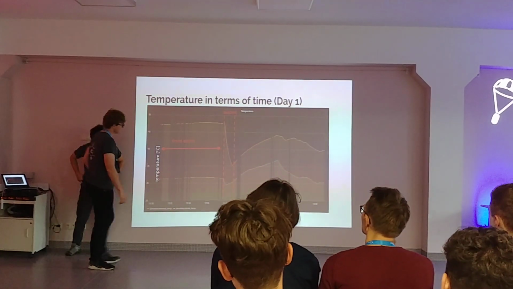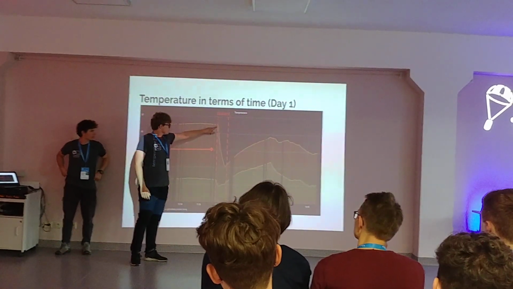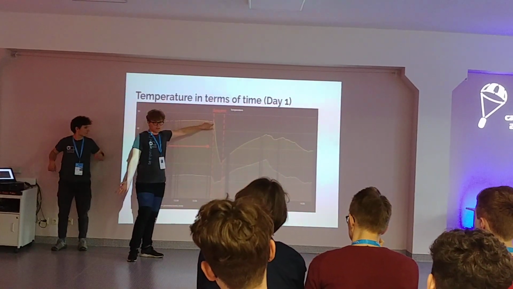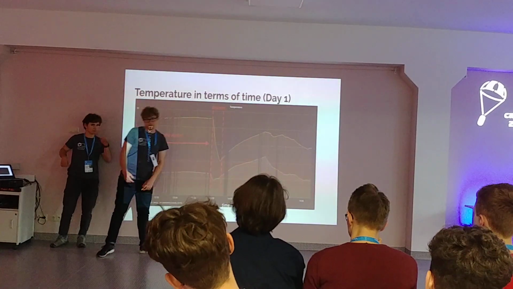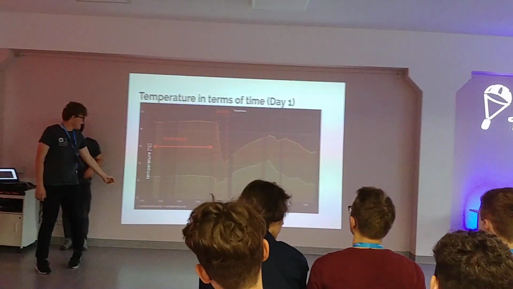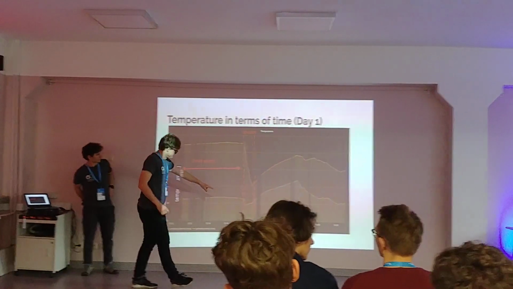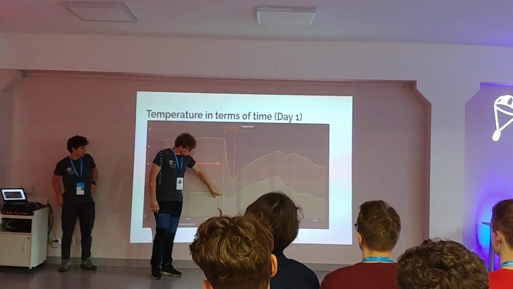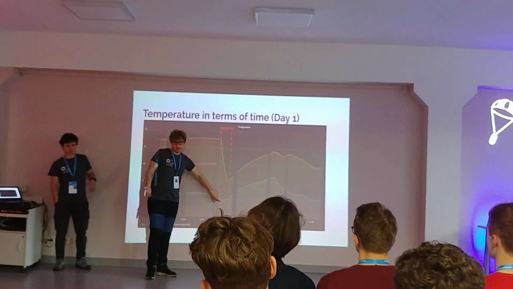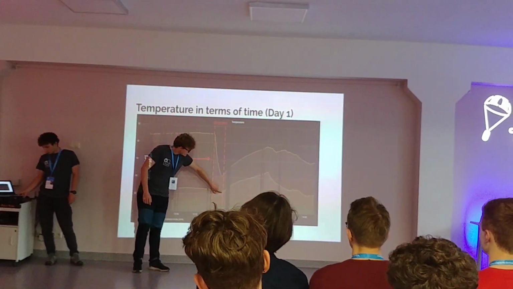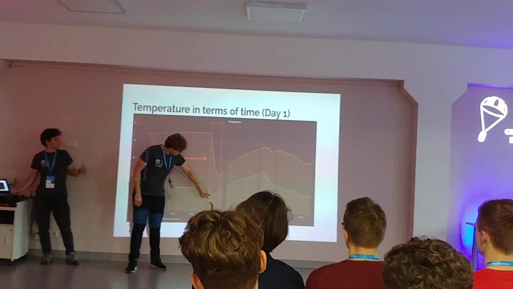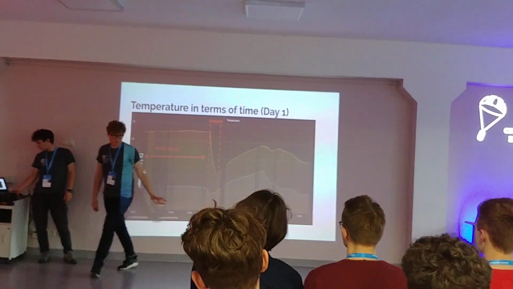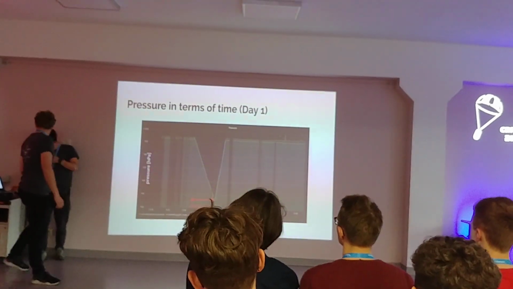And during descent, actually, CANSAT gets much more cooler because of this fast airflow, and temperature outside drops just to meet the air temperature, and then it rises as we are closer to the ground, which we will talk about later.